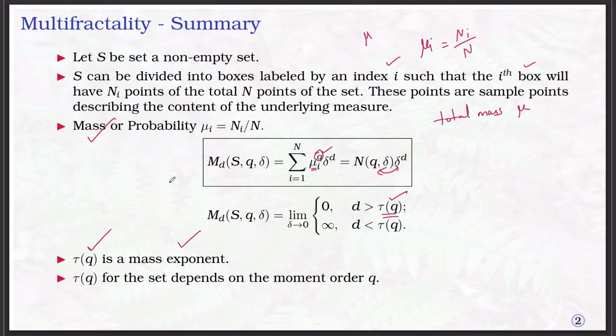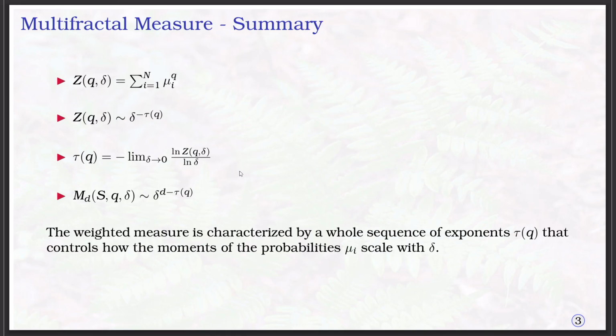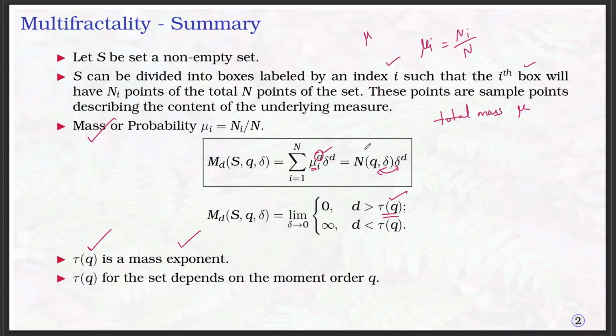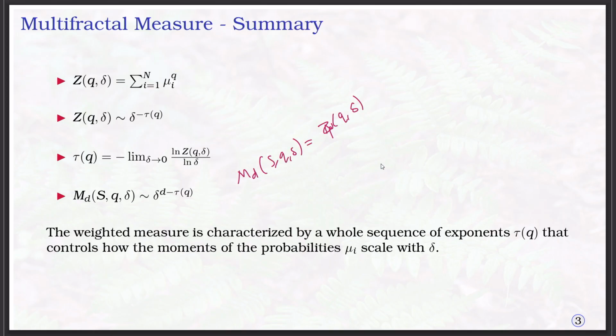Then from here one can observe that M D of S comma q comma delta is written as n of q comma delta, that means z of q comma delta. Now this z of q comma delta times delta power d.